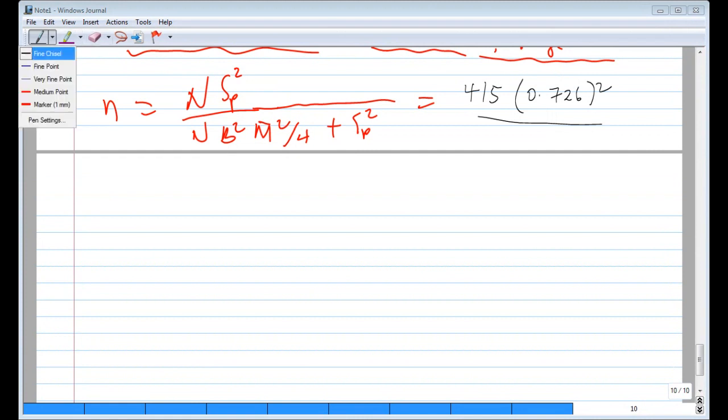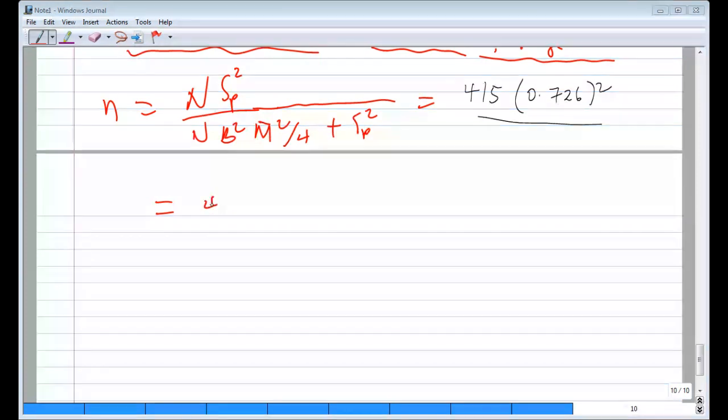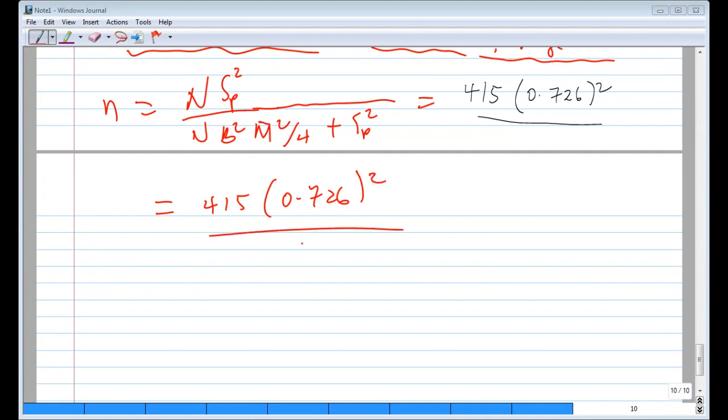Okay, let me just do this one. I'm saying it's 415 multiplied by 0.726 squared, divided by 415 again.